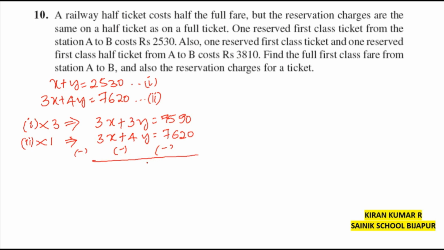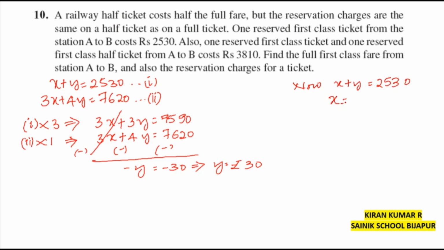Upon subtraction, I'll get negative y equal to negative 30. This implies the value of y is rupees 30. Now let me consider x plus y equal to 2530.